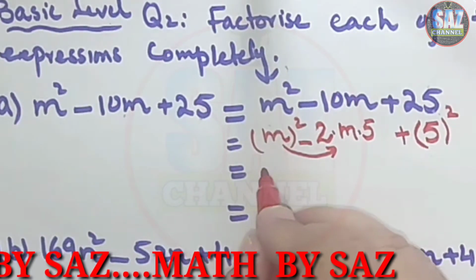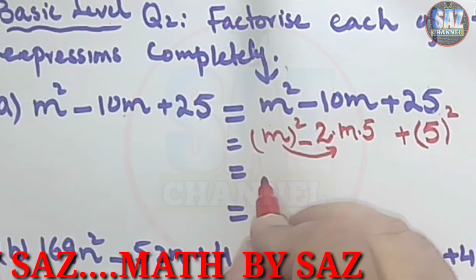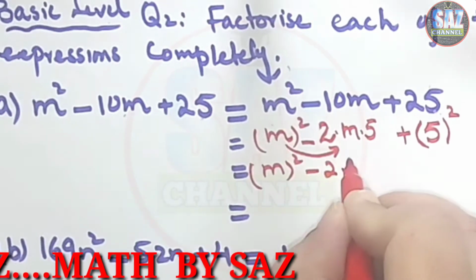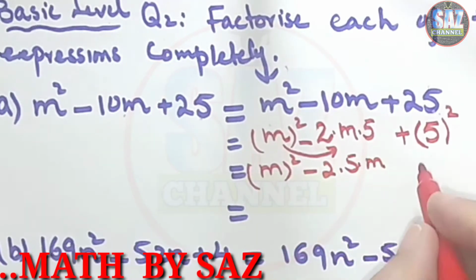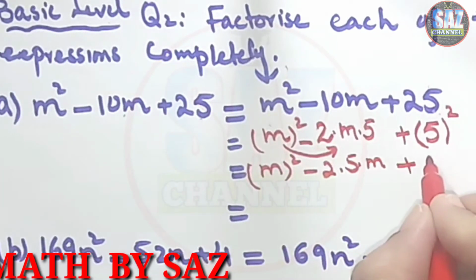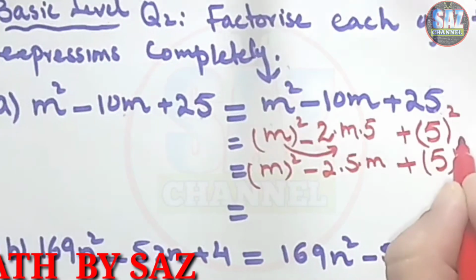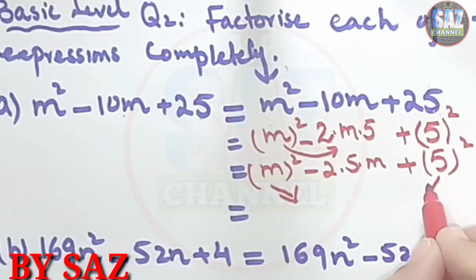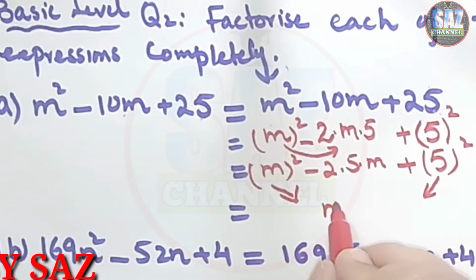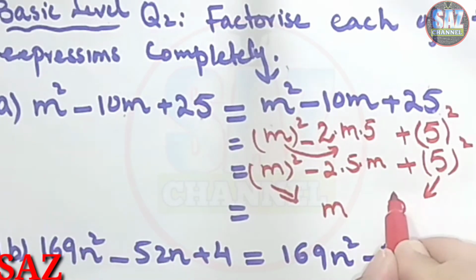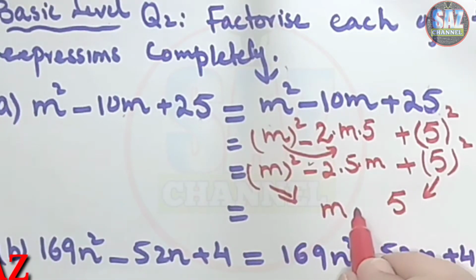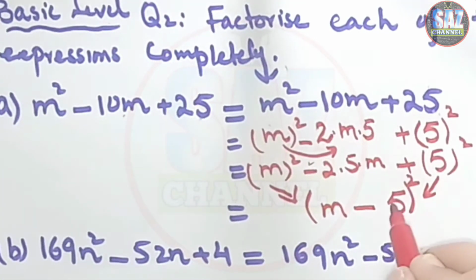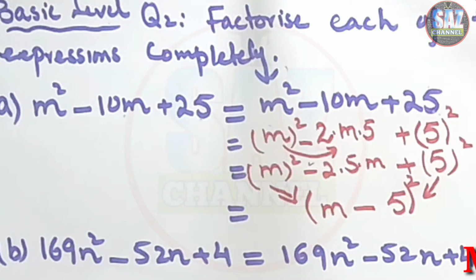Now for our convenience, we can write m square minus 2 into 5 into m, because numbers always have to be written before the variable, plus 5 whole square. Now we will be taking a from this part and b from this part, so it will take the form m and 5, and the sign in between is the middle sign of the question, and my question will take the form m minus 5 whole square. I hope this is clear to you.